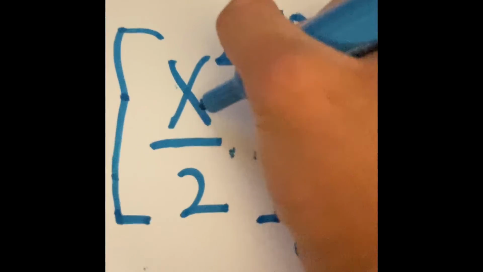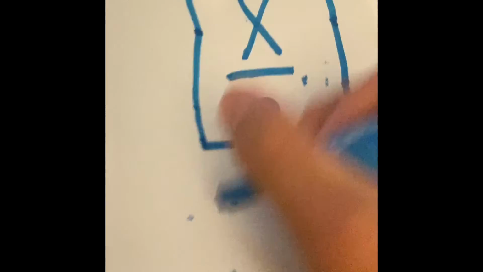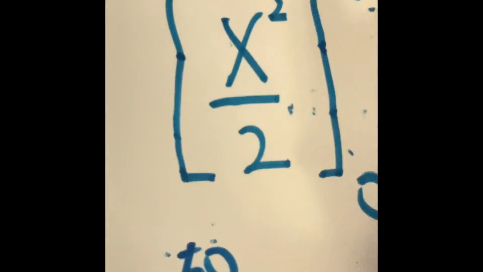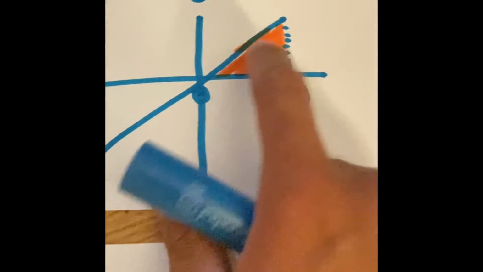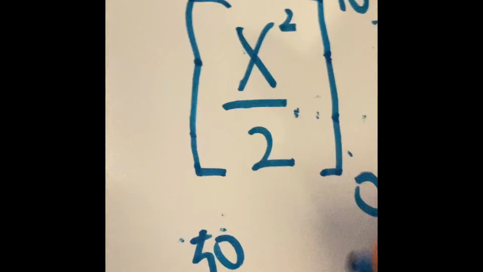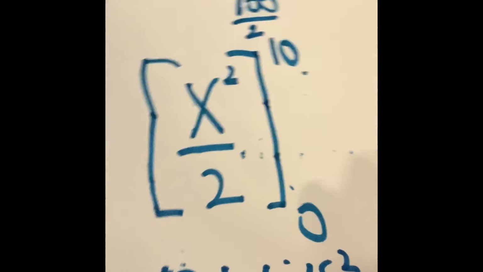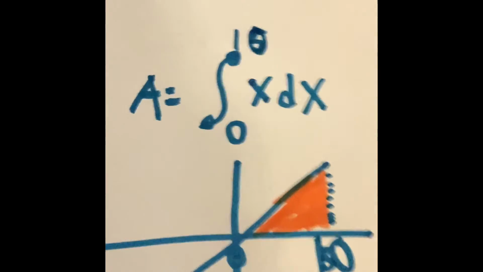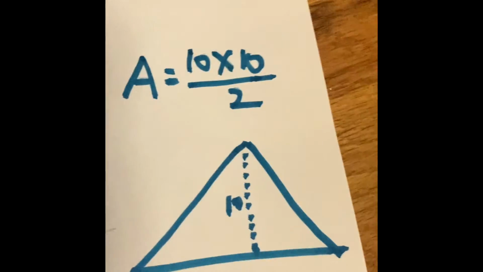So 10 times 10 is 100. Divide that by 2 is 50. We did that because we wanted to find the difference between the two to find this shape right there. 50 units squared. That is what we got for this version, the integral part. What do we do for this one?